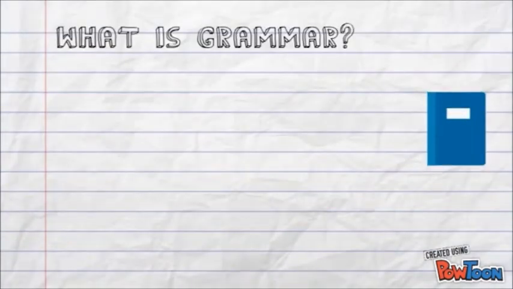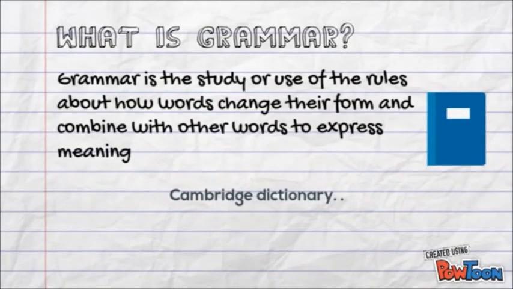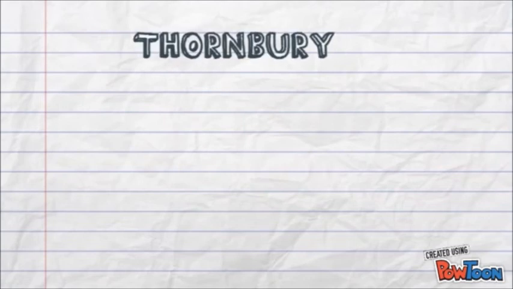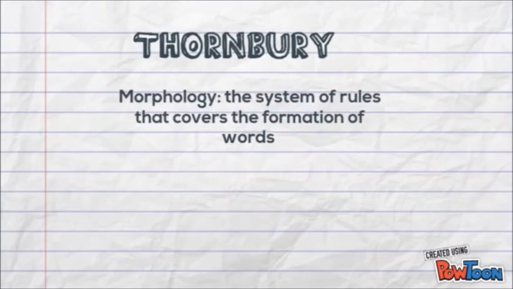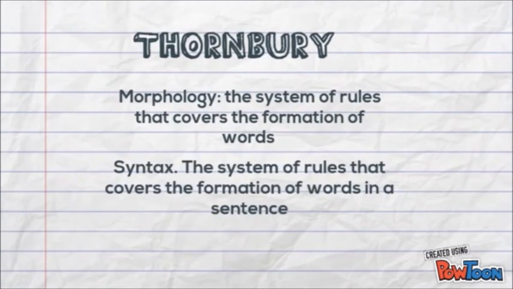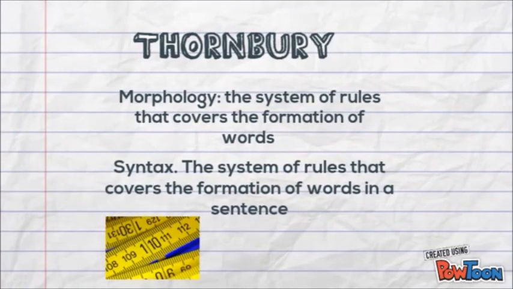Now let's discuss what grammar is. According to the Cambridge Dictionary, grammar is the study or use of the rules about how words change their form and combine with other words to express meanings. Thornbury says that it is important to know the concepts of morphology and syntax in order to know what grammar is.